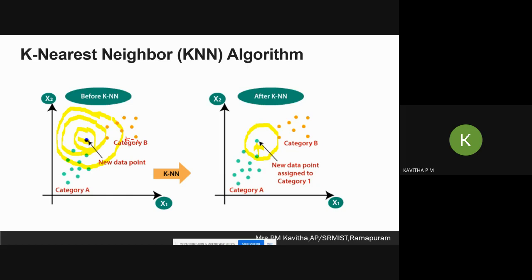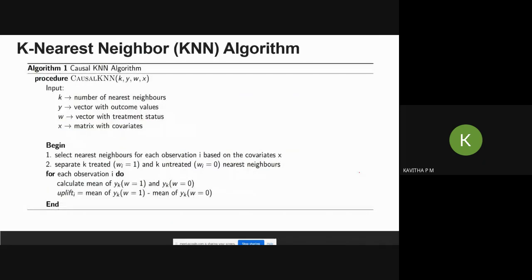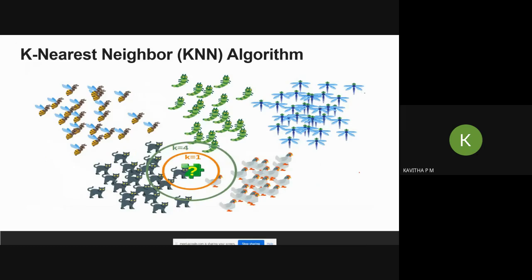So here we have k equal to 1, 2, and 3, and based on this, the new point is assigned to the available category. This is what KNN means, and here we also discussed the algorithm related to KNN.